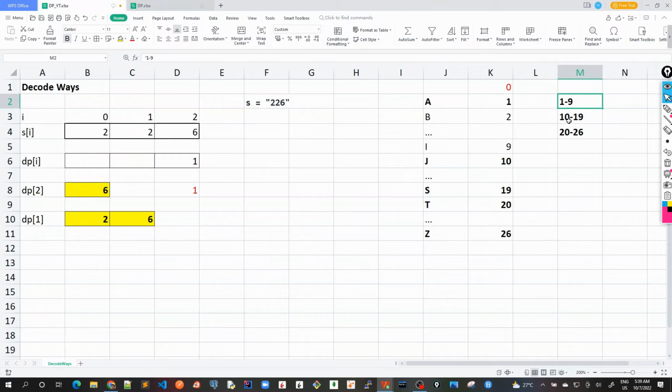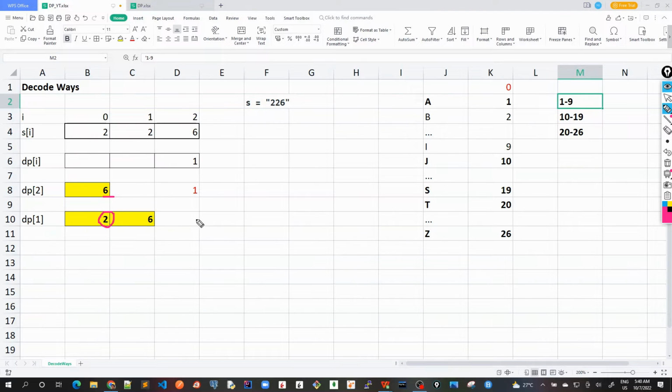Because if we are just treating one particular digit, we just have to check that it is in the range from 1 to 9. Only when it's 0, the number of ways to decode would be 0, as we have checked in the previous base case. So here also it is the same. We treat only one digit here, and we found that it's between 1 to 9. So this 2 is valid.